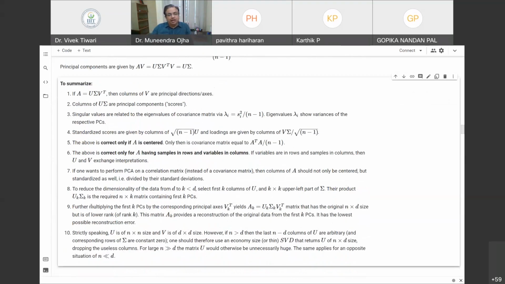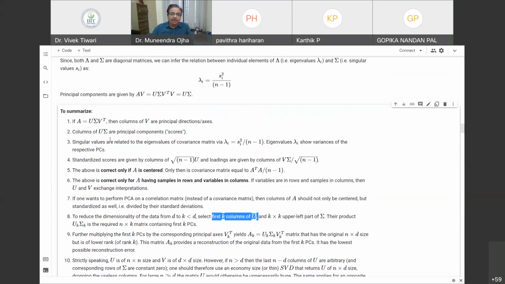To reduce the dimensionality of the data from D dimensions to K dimensions, where K is less than D, select the first K columns of U. Ultimately we have the U matrix and we multiply it with sigma.